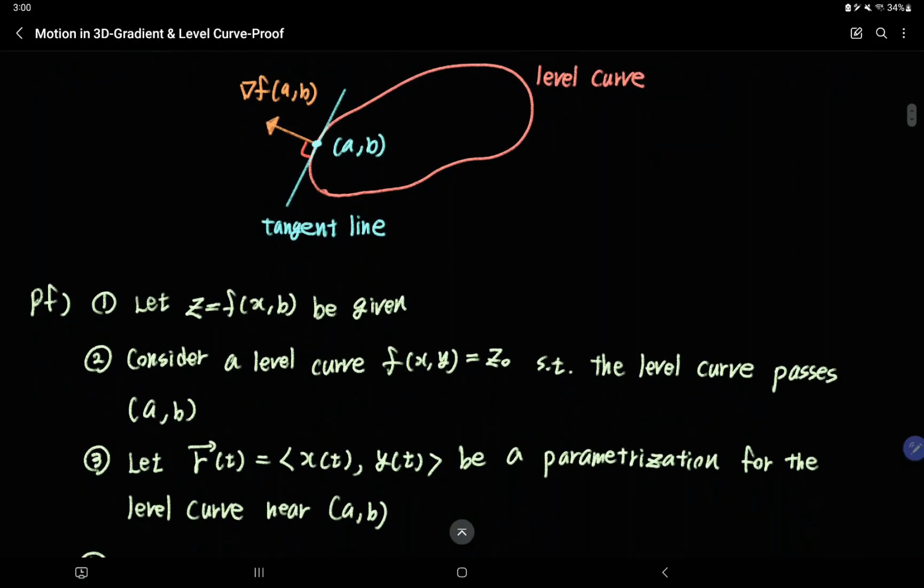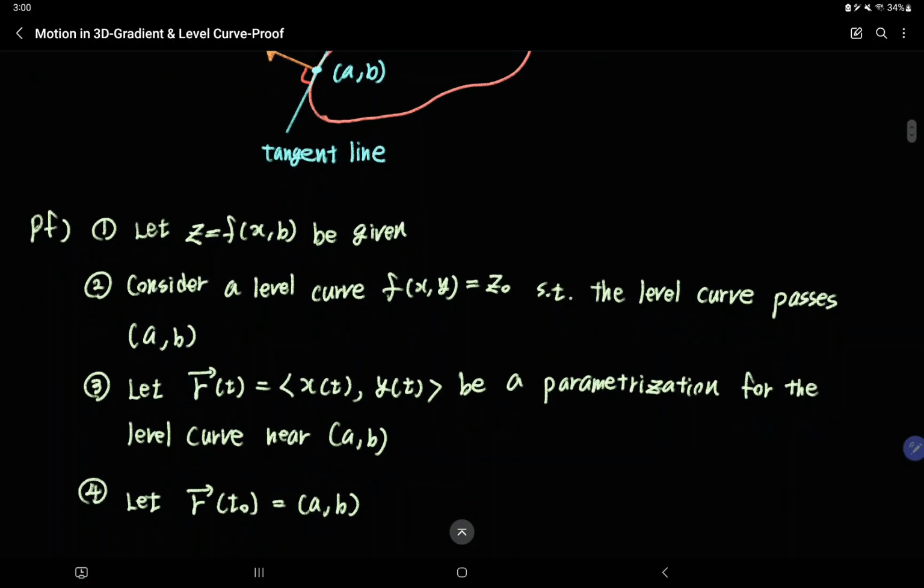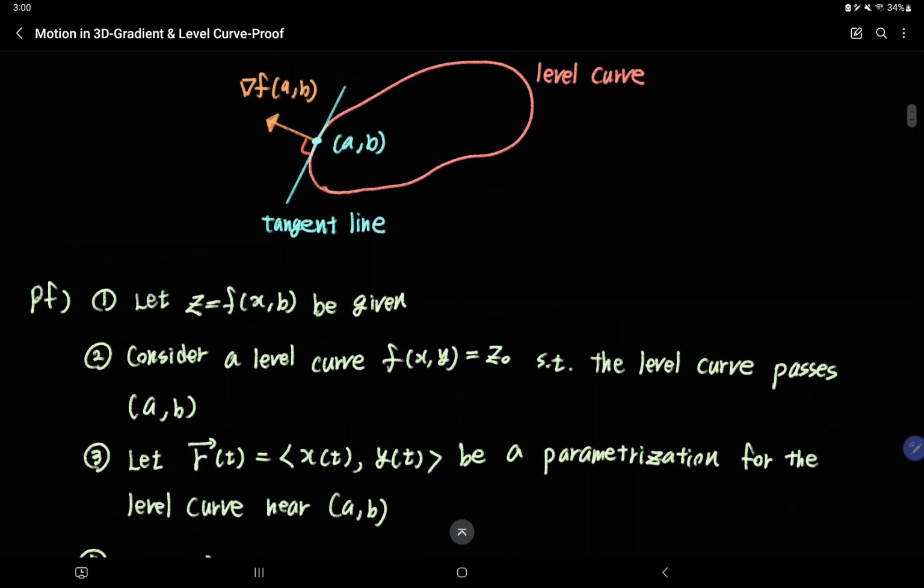So this is quite simple, right? First, we're going to set up the function of the surface and the level curve. Let z equals f of x comma y be given. Second, consider the level curve f of x comma y equals z0.